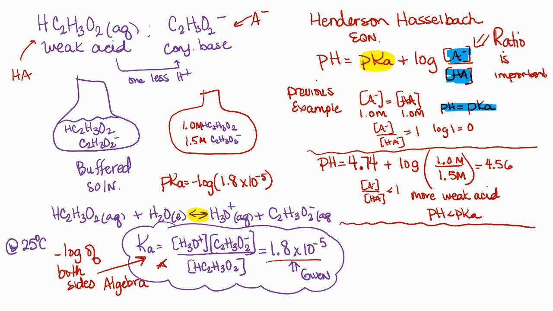Okay, now let's plug in. pH equals 4.74 plus the log of 1.5 over 1.0.